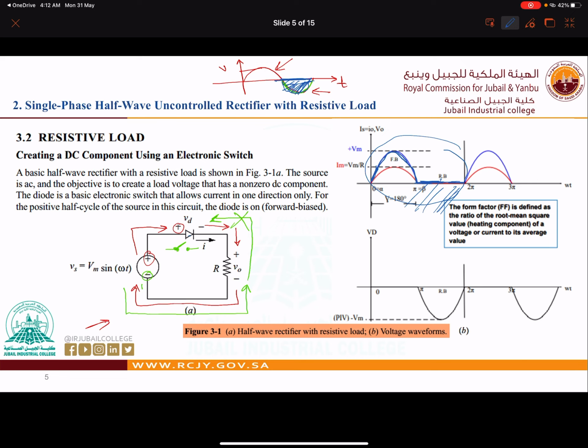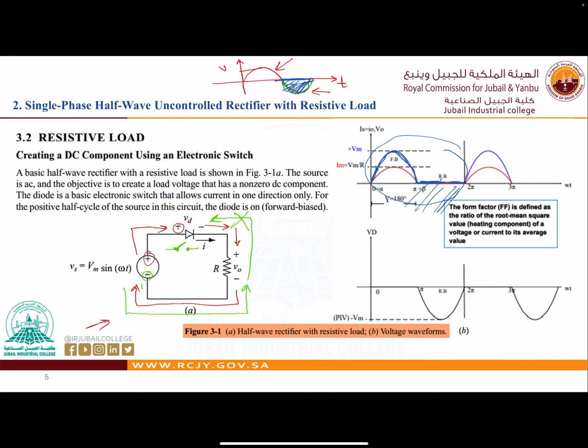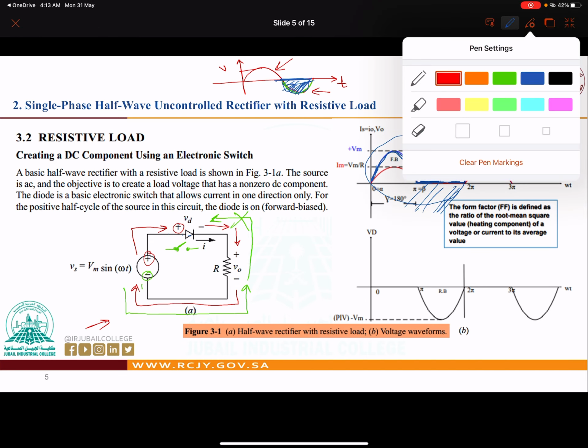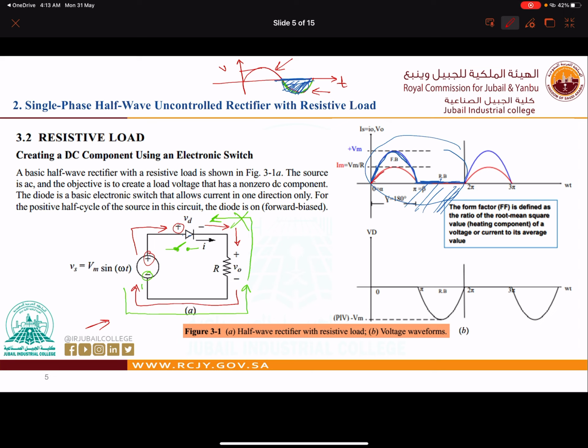Now, of course, the current, if the diode is forward bias, the diode will be acting like a wire, and then it will conduct, and we will have our current. It is the same as the voltage. It will start from zero and go until its peak. Okay, the same peak, I mean the position at 90 degrees or pi over 2, and it will go to zero again.